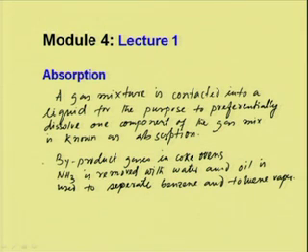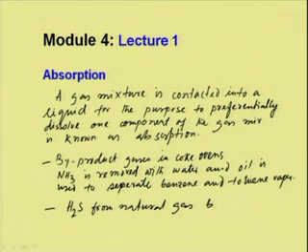Another example is like we remove hydrogen sulphide, H2S, which is very much objectionable, from natural gas by using alkaline solution.